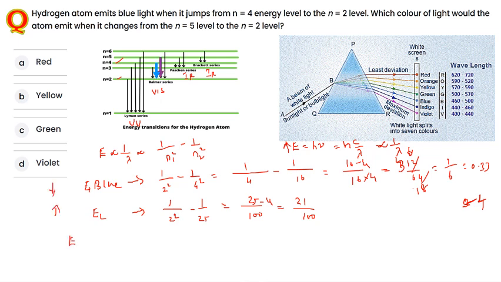Energy will be maximum only when wavelength decreases. Here wavelength decreases for E2, here wavelength increases. So when wavelength decreases, it will be moving towards violet. So the answer in this case here is violet.